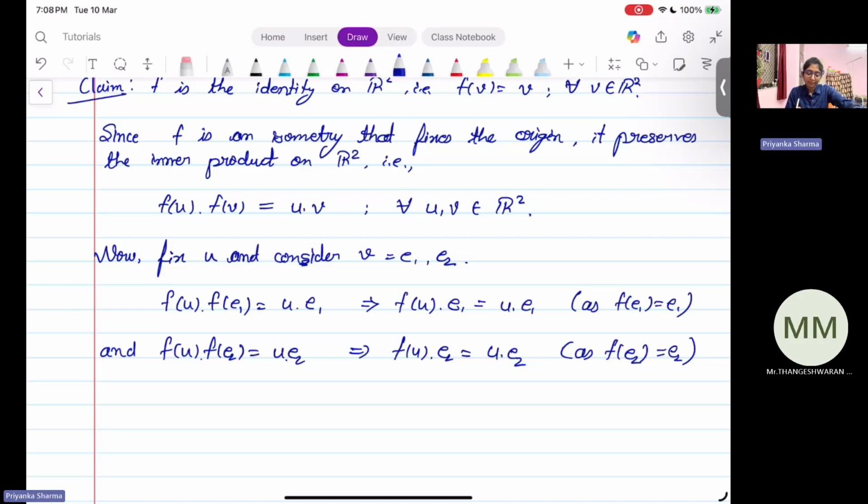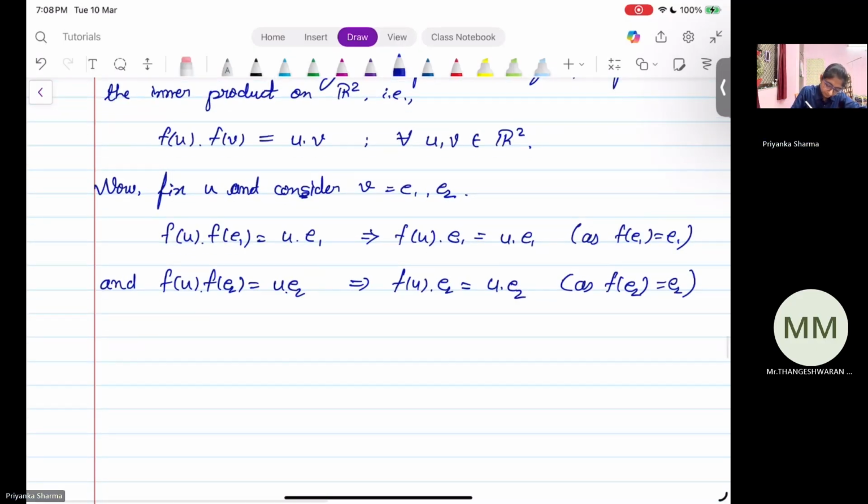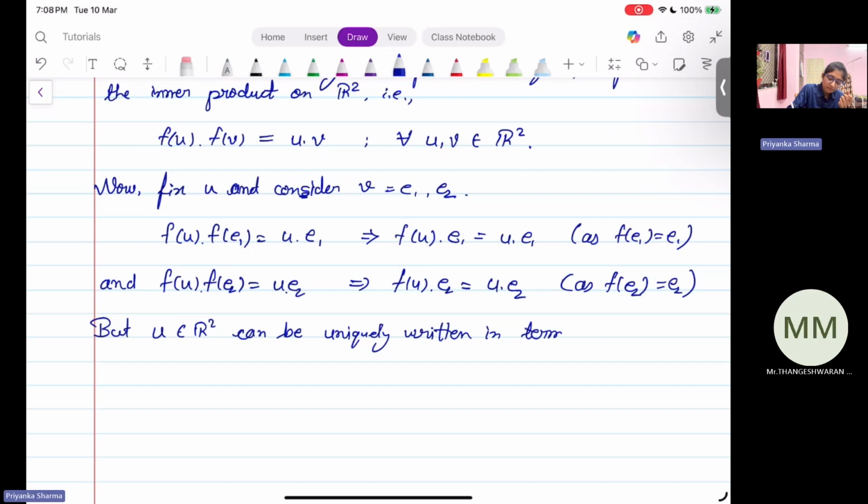Okay, now u belonging to R square can be uniquely written in terms of e1 and e2, a unique linear combination of e1 and e2.